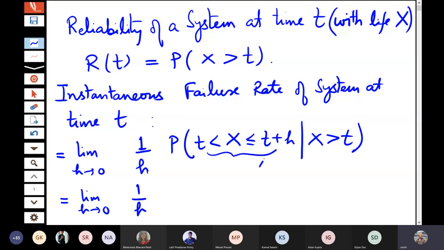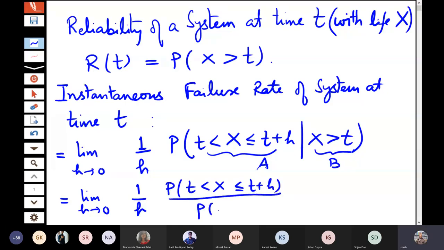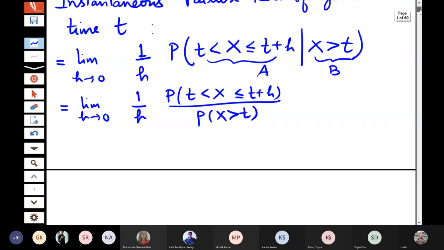Now we can consider this as event A and this as event B. Then we apply the formula for probability of A given B, that is probability of A intersection B divided by probability of B. Now you can easily see that A is a subset of B. So in the numerator I will have only probability of A, and in the denominator I will have probability of B. Is this okay?